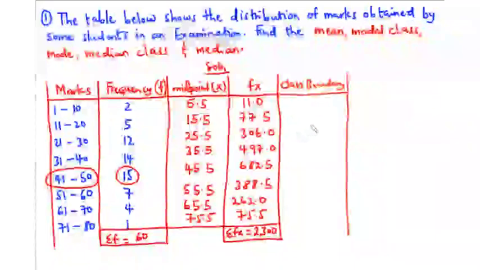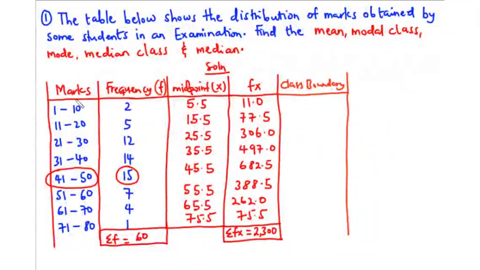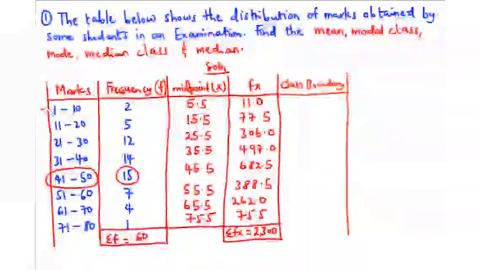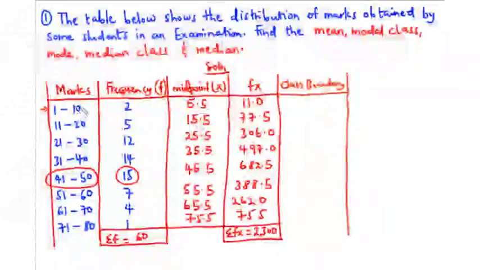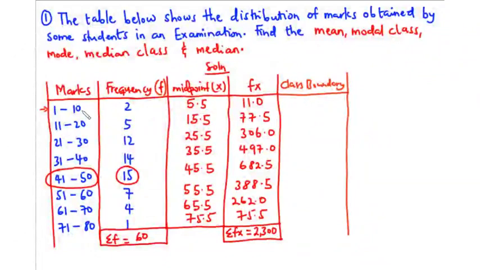To find the class boundary, we are going to consider one interval and then the next interval. If this is our first interval, then to find the class boundary, we subtract the upper limit of the first interval from the lower limit of the next interval, and then we divide by 2. So basically it is 11 minus 10, which is 1, divided by 2 is 0.5.